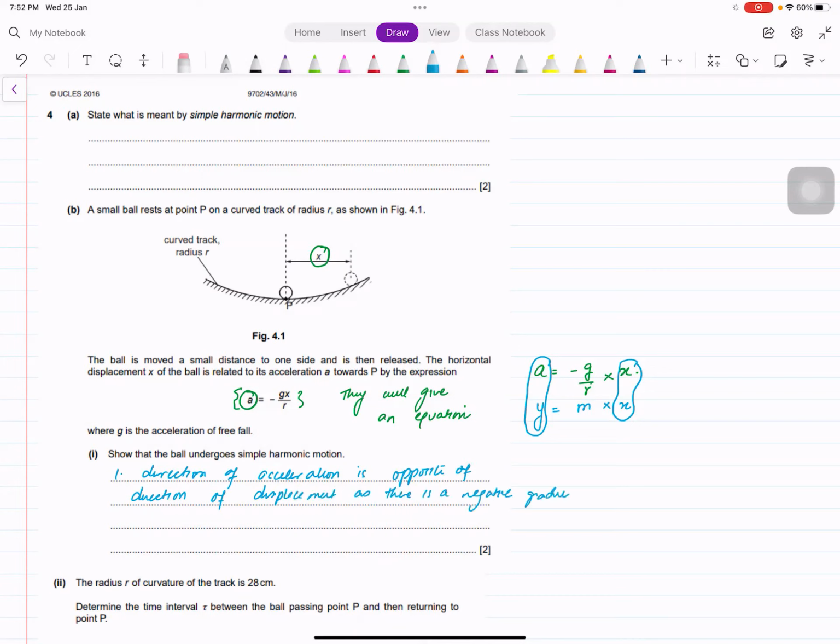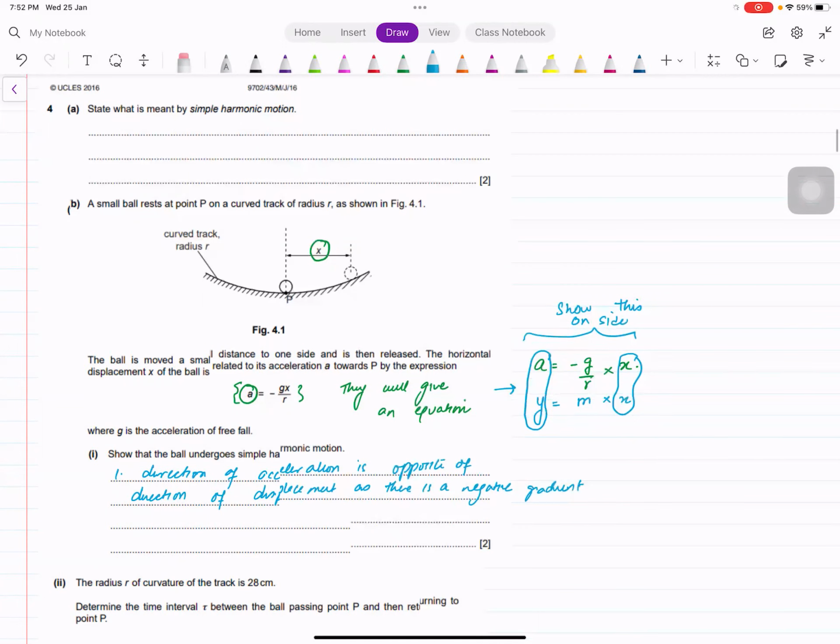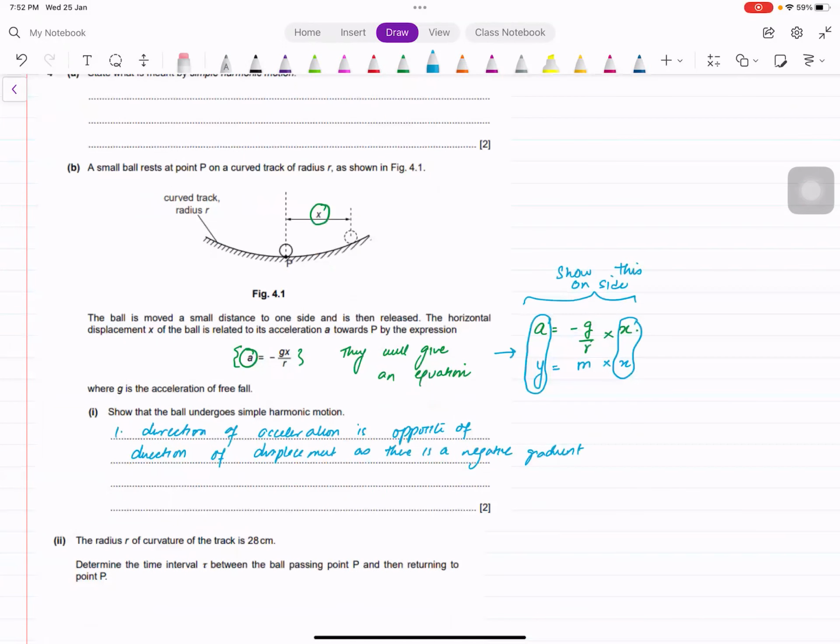All right. Usually do this, show this on the side. A lot of times people might not be able to explain it really well, but if you have done this, the examiner is going to give you at least 1 mark in this, so you should always write this.